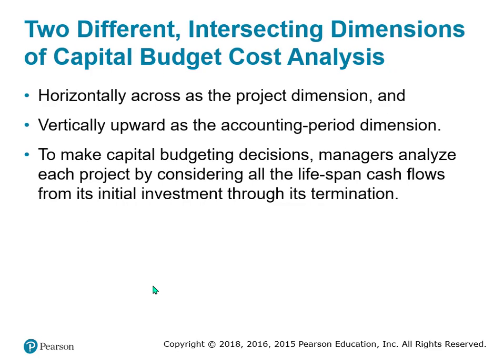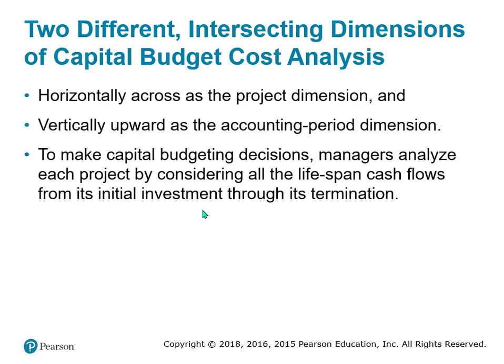Now, we've got 2 different intersecting dimensions of capital budgeting cost analysis. Horizontally across is the project dimension, as different events take place in the project, and then vertically upward is the accounting period dimension.